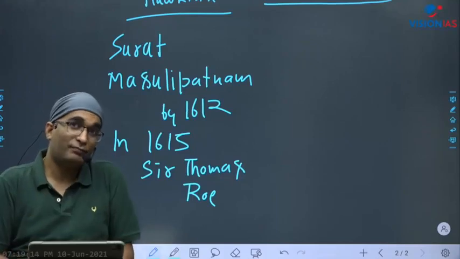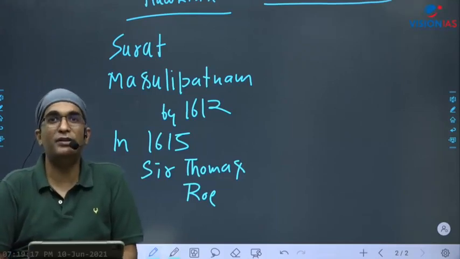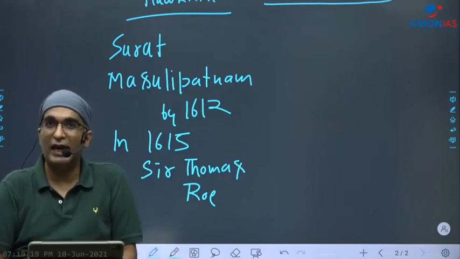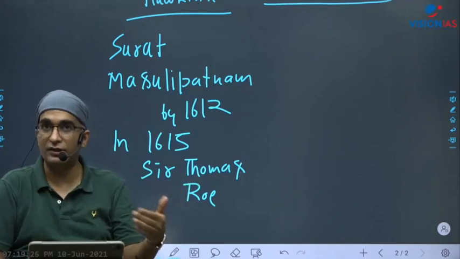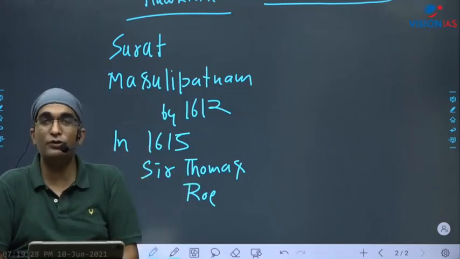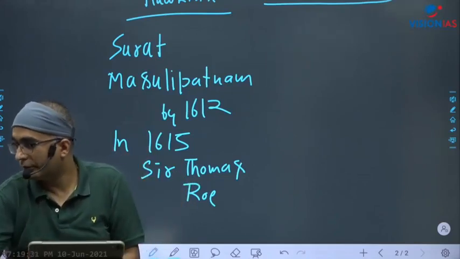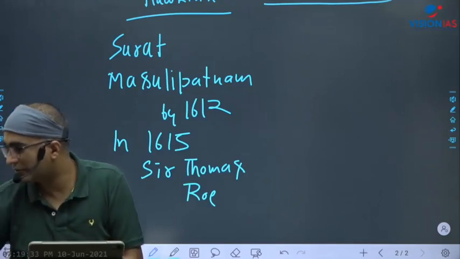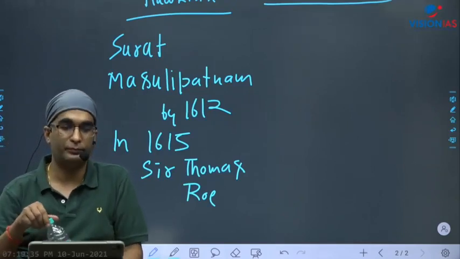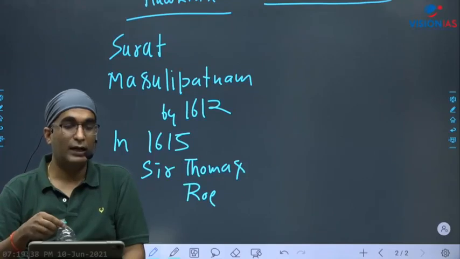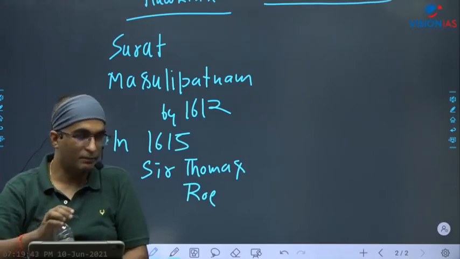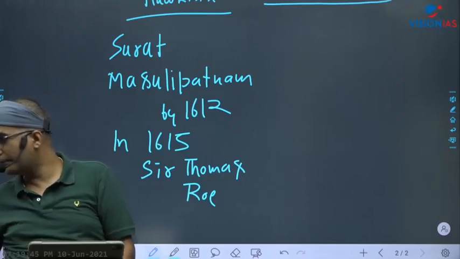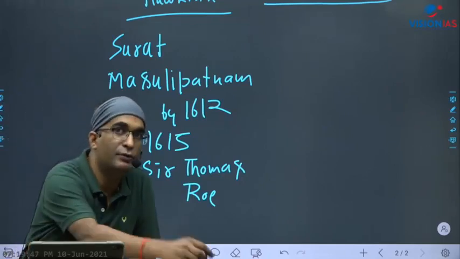And then there was a big event and big impetus for the Britishers in 1661. I'll tell you later, but first you write what we needed to write. What you have written is that he was granted further concessions. Then you write, which led to the establishment of factories at Agra, Ahmedabad, and Bharuch.